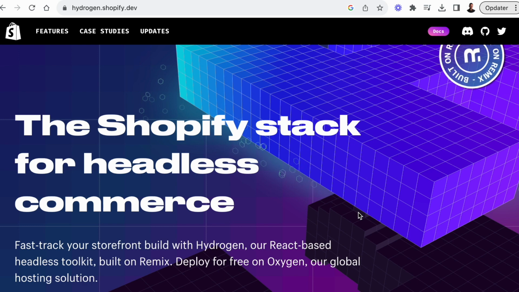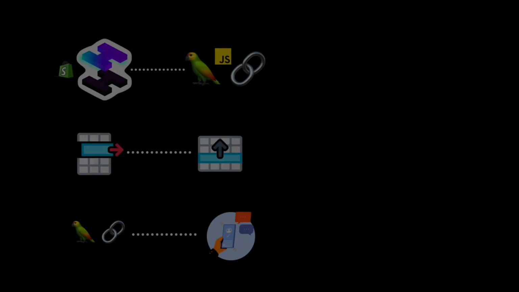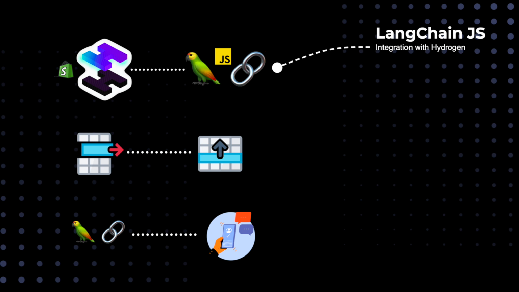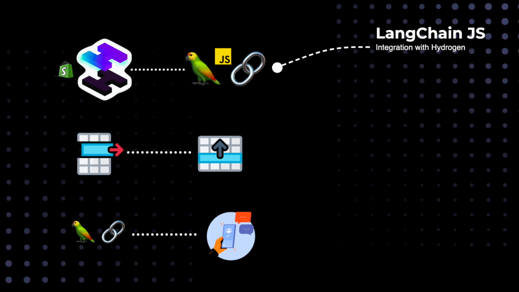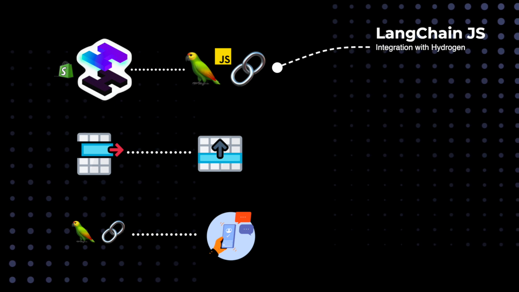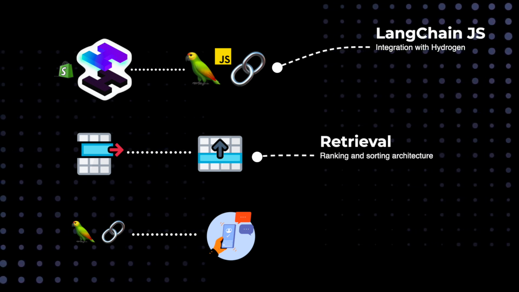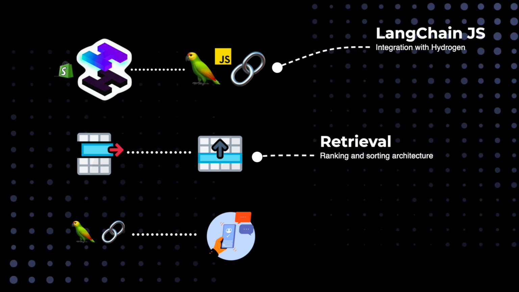The flexibility that this tech stack provides opens up for using AI and large language models in particular to design the shopping experience. For instance, using LangChain.js in combination with Hydrogen, developers can remove the boundaries between what is considered a chatbot and what is considered a traditional storefront. The headless architecture provides full flexibility in shaping the product retrieval and ranking mechanisms, allowing businesses to fine-tune models that can improve conversion rates.